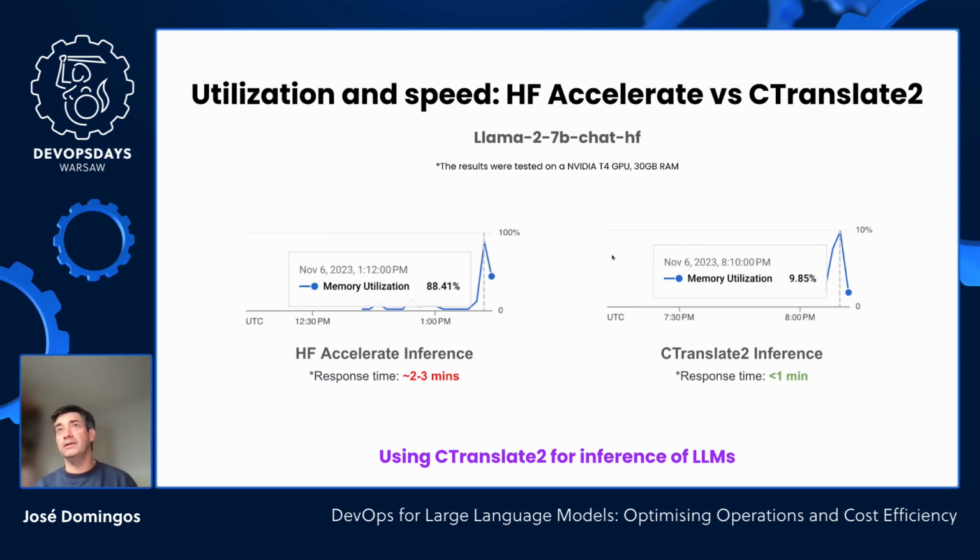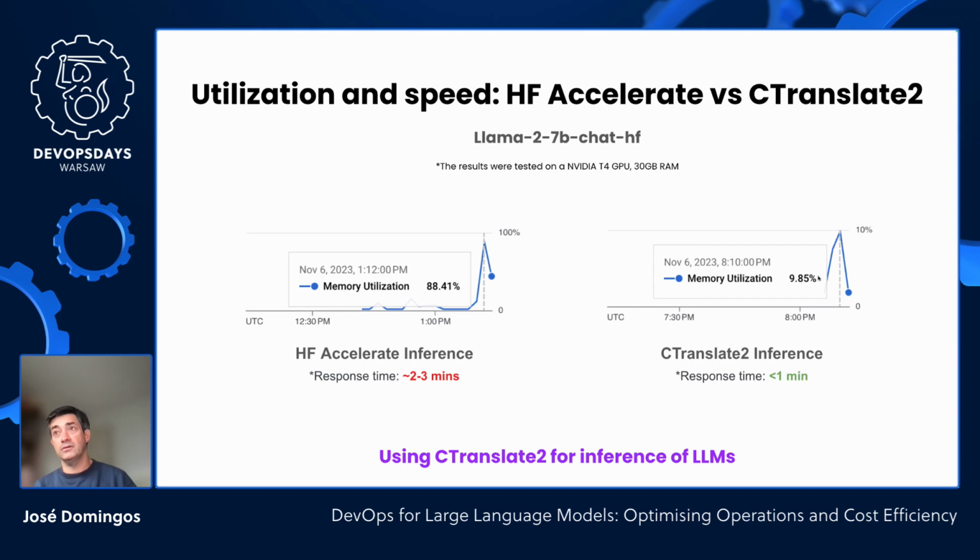As an example, when we picked up the LLaMA chat from Hugging Face, the 7 billion model, and we used a different inferencing engine, CTranslate2, i.e., we translated the model into C++, effectively we obtained a reduction in memory, as you can see here, of 10 times.